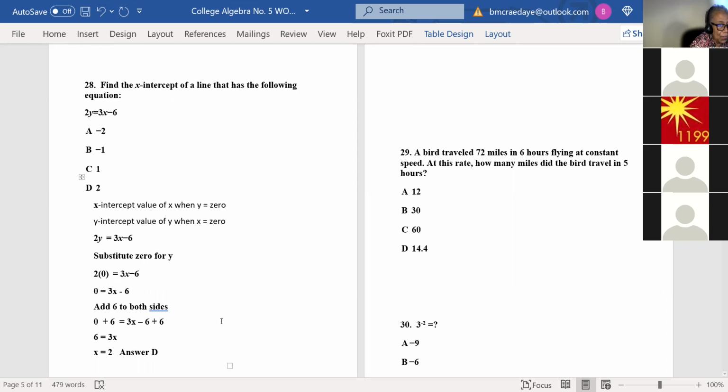Questions? You were doing the y-intercept, right? Yeah, but it says find the x-intercept. But my answer is right. Did you have D? I had x equals 0, which equals 3 over 2 minus 3.